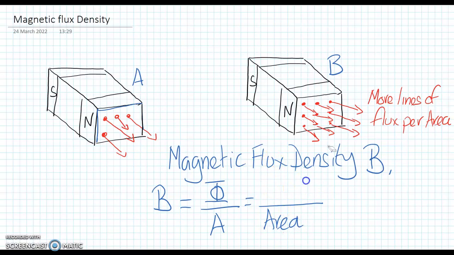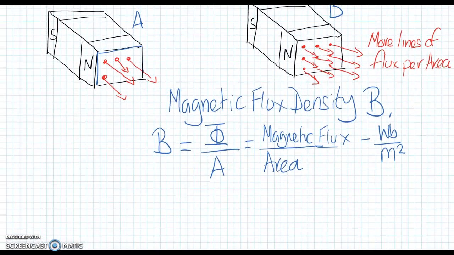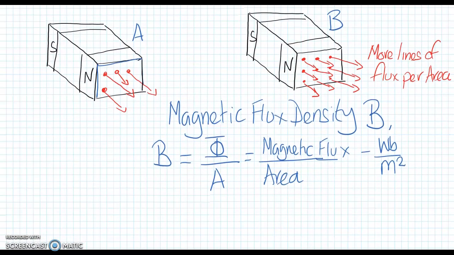Or, let's call that magnetic flux, which is Weber, divided by meter squared. So the formula basically is phi over area.